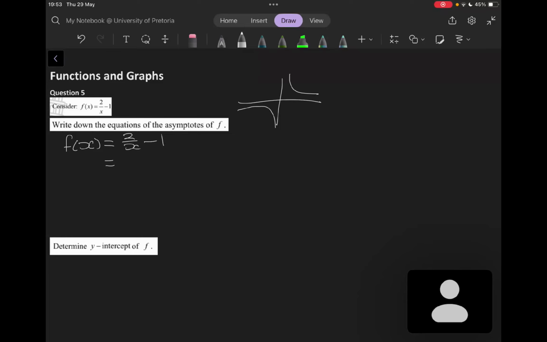Now it's asking us to find the equations of the asymptotes. It's asking us to find all values for which the function does not exist. In this case, it would be x is equal to 0 because if we substitute a 0 in, it'll be undefined. 2 over 0 is undefined. So that is one of the asymptotes.